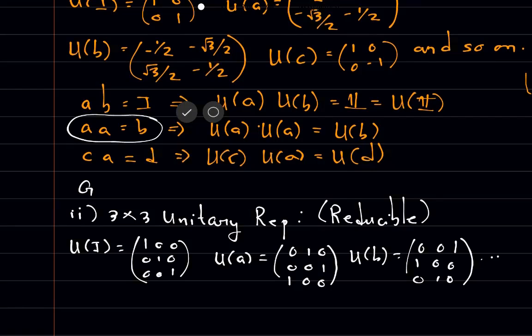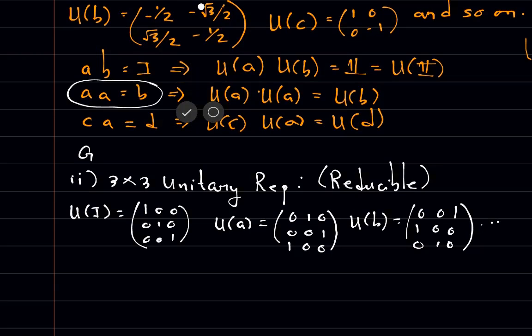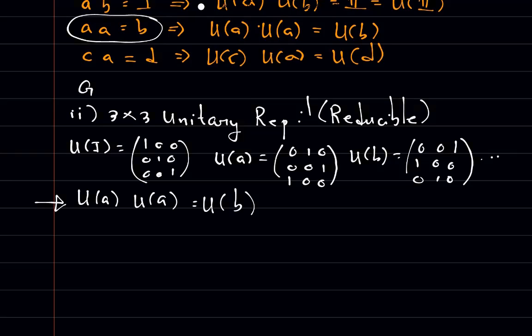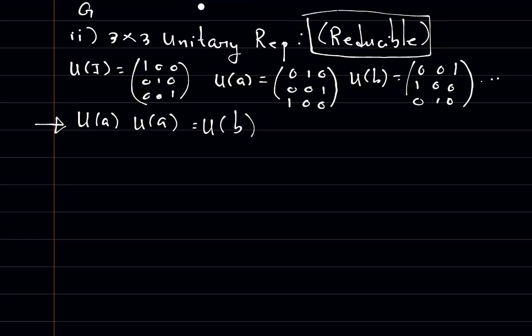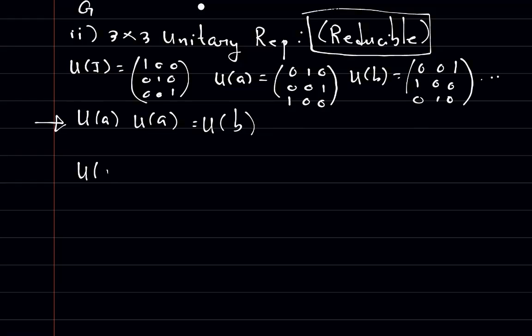Well, I told you about representations, but what about reducible? Why do I say that this representation is reducible? I didn't write it for 2 cross 2, but I wrote it for 3 cross 3. Why is it not only the unitary 3 cross 3 representation, but reducible? Reducible representation means, consider U of A is the representation of the group elements.